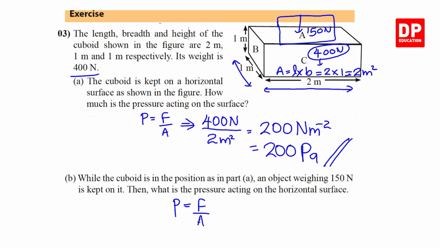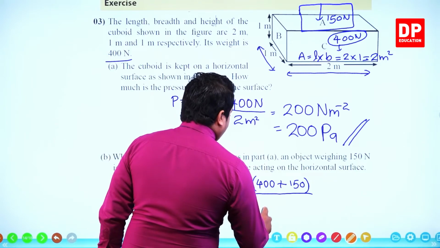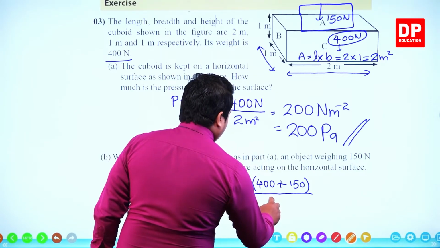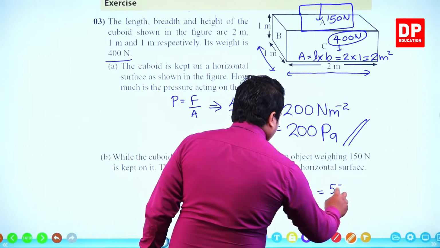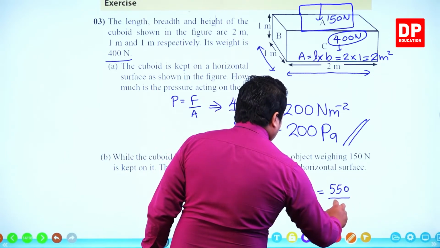Here the total force is now becoming 400 plus that extra 150 which is placed. So altogether 550 upon 2.